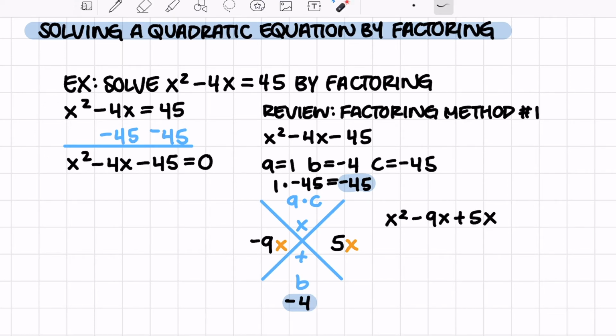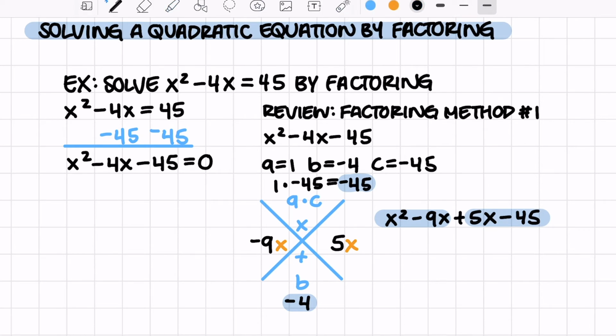The last one I'm taking is my c value, the -45, the last term from the ax squared plus bx plus c formula. Once I do that, I can start factoring out the terms by x squared and -9x, and then factor out a number from 5x minus 45.